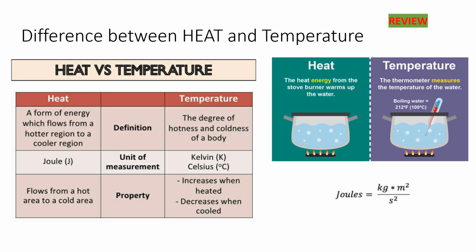Okay, it is a measure of the average kinetic energy of that system that it's measuring. And so this is where we're going to use Kelvin or we're going to use Celsius. Okay, when we increase energy, we're going to see an increase in the heat, we're going to see an increase in the temperature. When we decrease energy, we're going to see a decrease in our temperature. So heat is the energy, temperature is the measurement of that energy, or the measurement of those molecules moving.